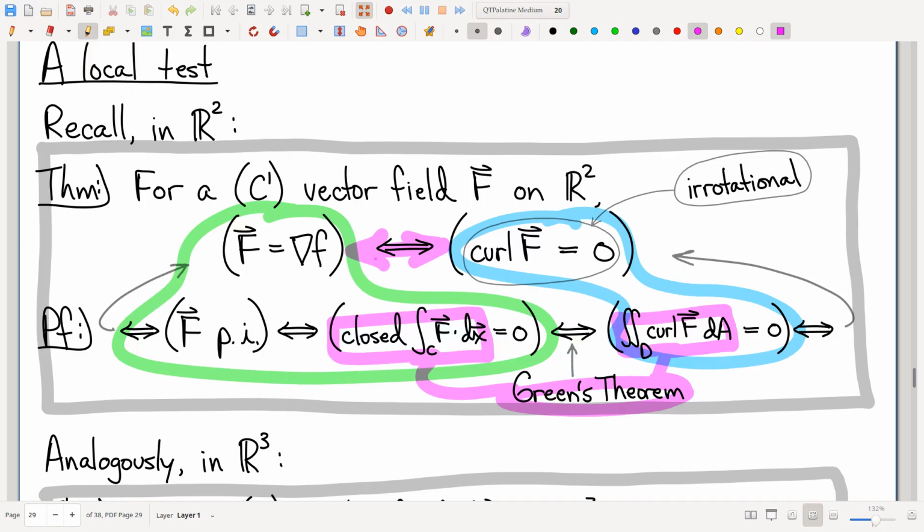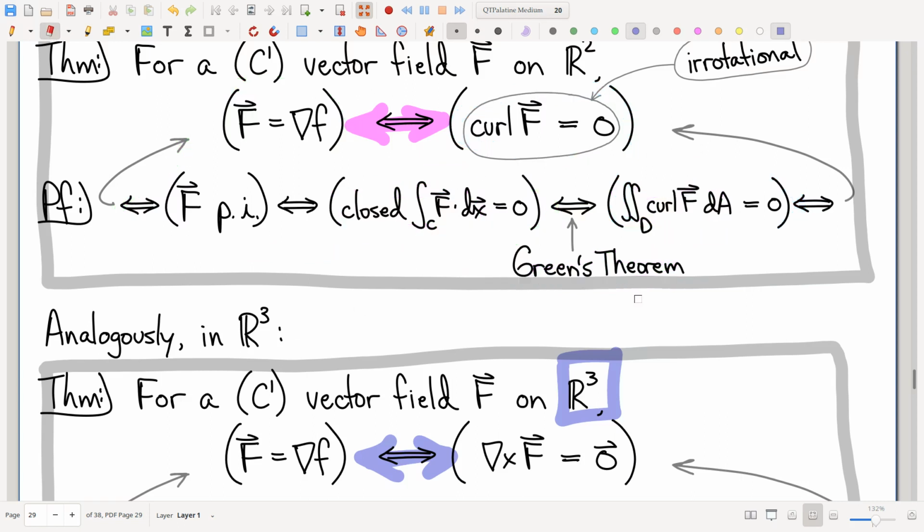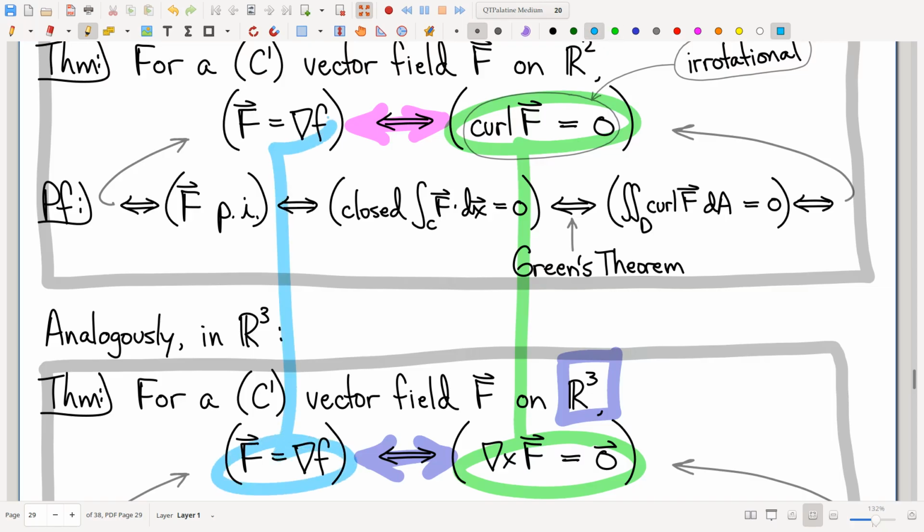So I then stated that in 3 dimensions now, it's curl still, the thing we still call curl, but we use a different notation, right? But anyway, again, curl plays this role of being a local test. Namely, this is the thing which, if 0, tells you that you are indeed looking at a gradient, just in 3 dimensions now instead of 2.